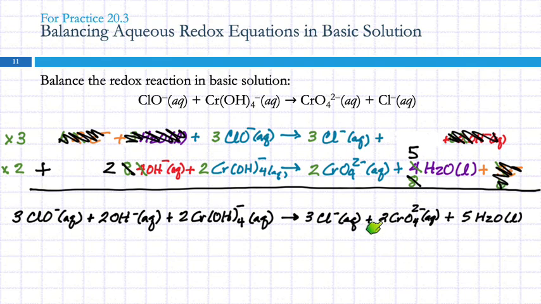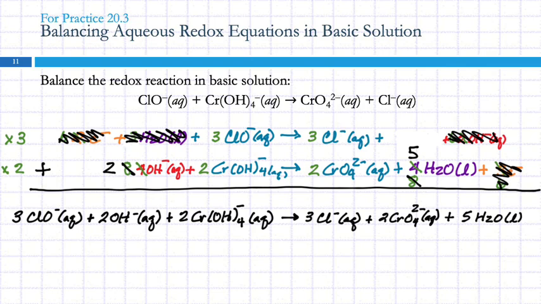Over here, I have 2 times 4 is 8, plus 5, also 13 oxygens. Hydrogens, I have 2 plus, this is 2 times 4, so I've got 2 plus 8, so there's 10 of them. And over here, I have 10 hydrogens, 2 chromiums, and 2 chromiums.